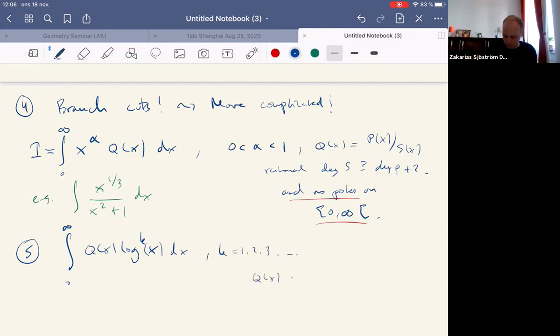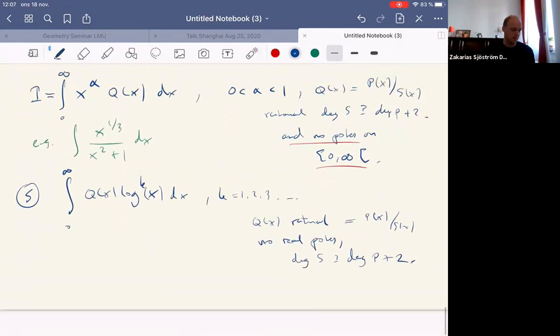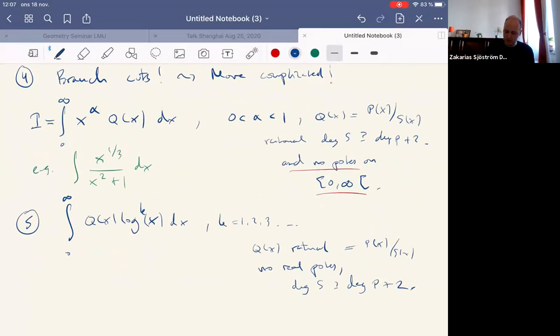And q of x was rational, equal to p of x over s of x with no real poles, and the degree of s is greater than or equal to the degree of p plus 2. Okay, so just to show that there is such a classification, and now you just have to practice.